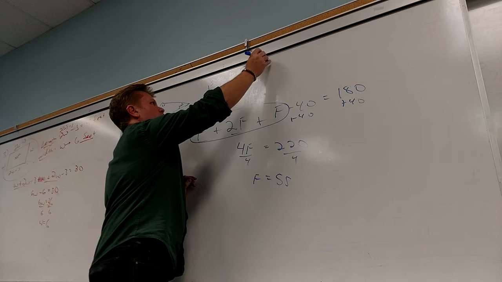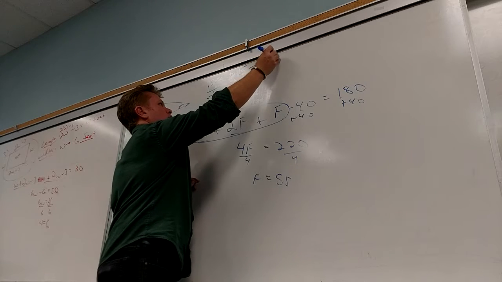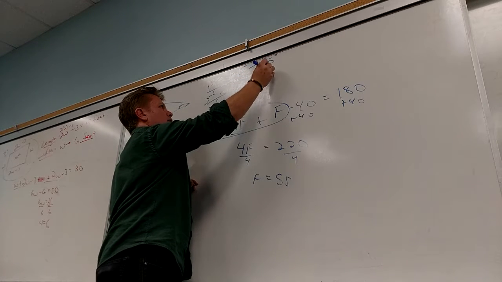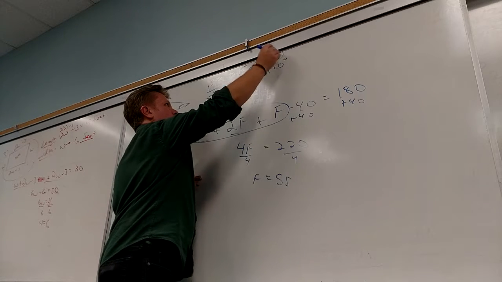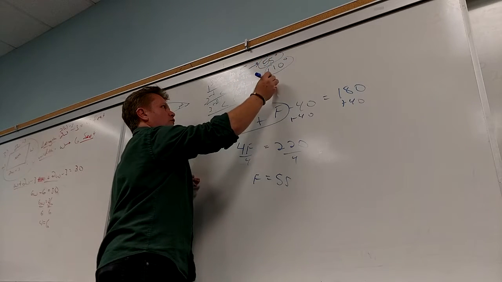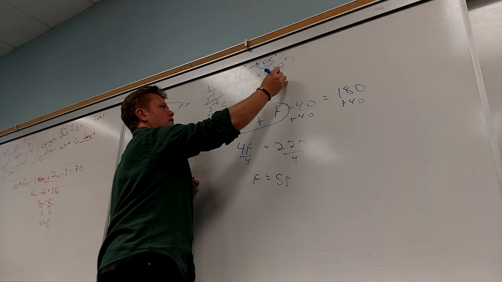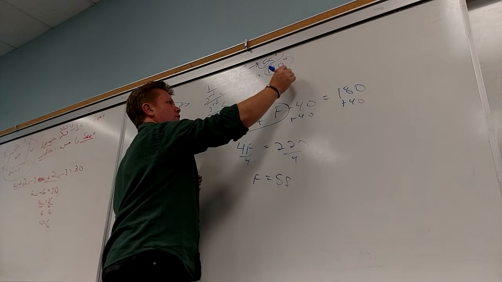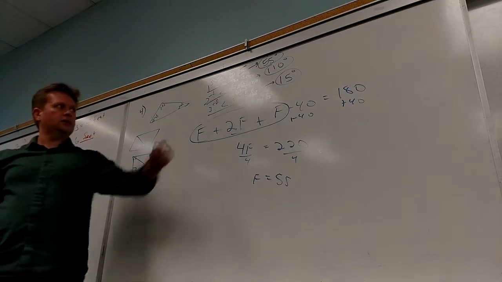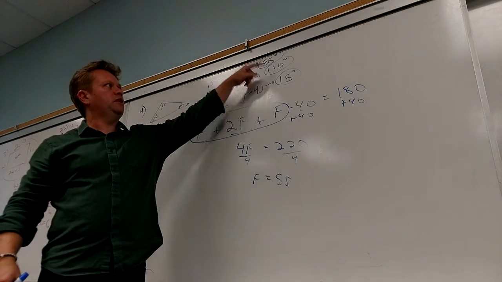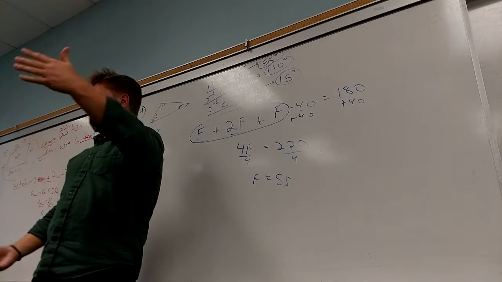So 55 what? Degrees. Twice that is 110. That's right. And then subtract 40 from 55. 15. How do you check it? Add them up. Thank God that 15 and 55 is 70, plus 110 is 180. They do what they're supposed to do.